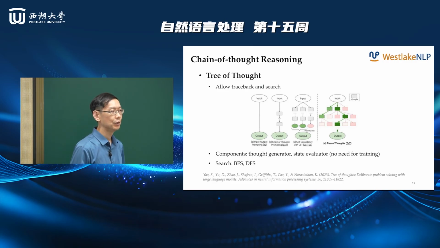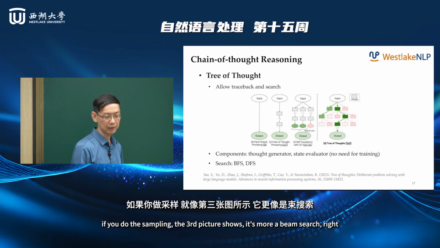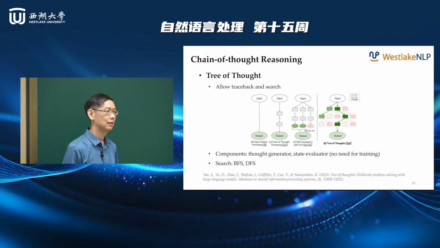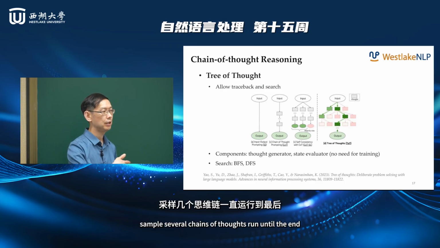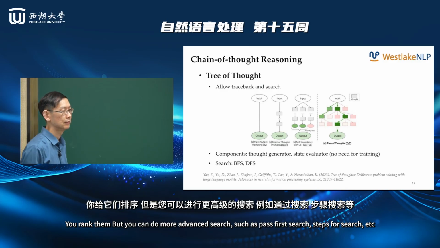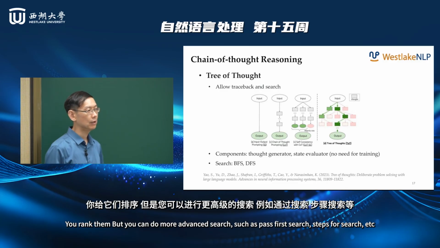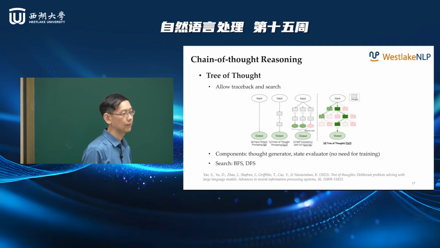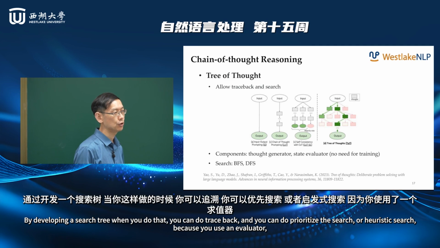If you do the sampling, like the third picture shows, it's more like a beam search. You sample several chains of thought and run until the end, then you rank them. But you can do more advanced search, such as best first search, depth first search, etc., by developing a search tree.